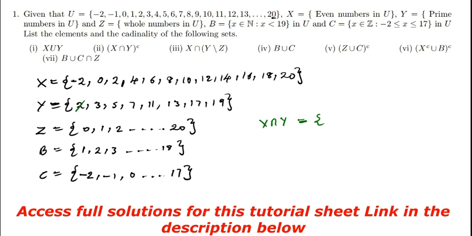We have 2 here and 2 there. What else? Only 2 is common in these sets. So X intersection Y simply is 2.